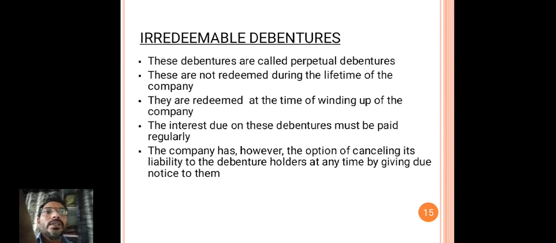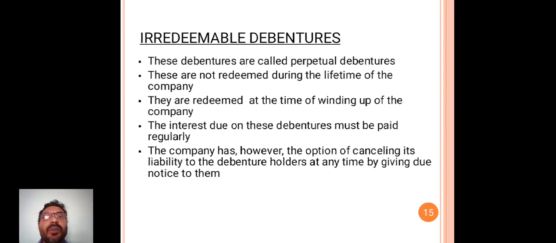Irredeemable debentures. These debentures are called perpetual debentures. These are not redeemed during the lifetime of the company. They are redeemed at the time of winding up of the company.